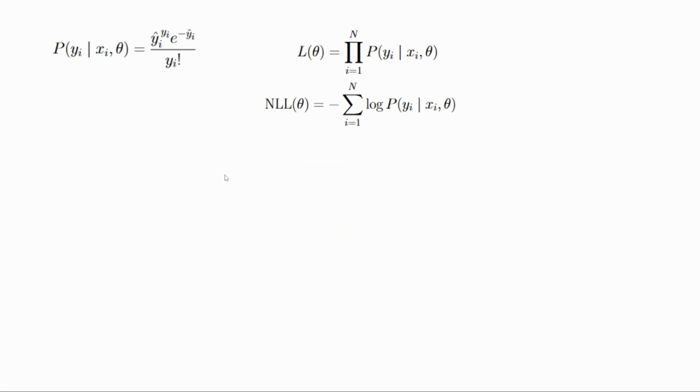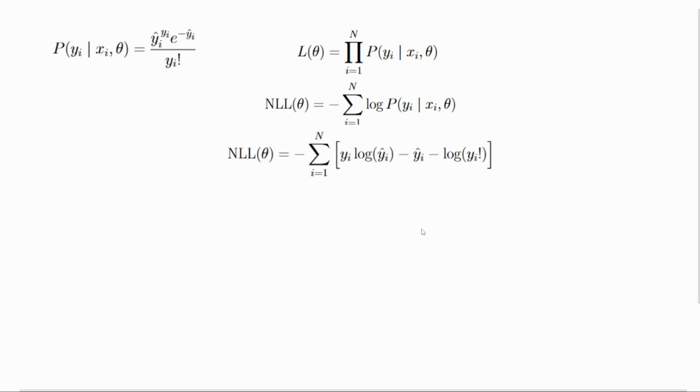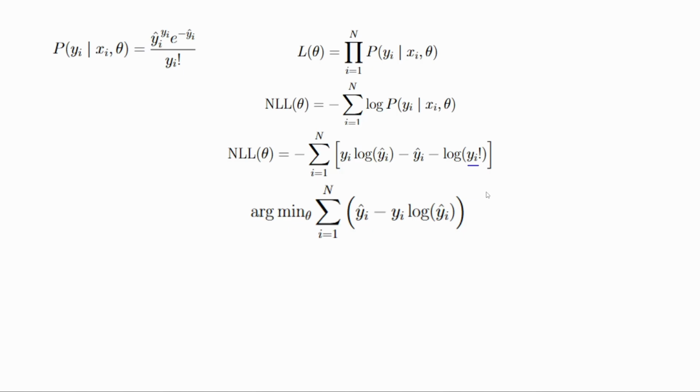Now, what if we're predicting counts instead? That's always positive integers, where the variance tends to grow as the count itself grows. That's the signature of the Poisson distribution. Plugging that into our negative log likelihood, we have this expression, which leaves this expression here, as this term is constant. y_i is from the training data set, so it doesn't affect the optimization problem.